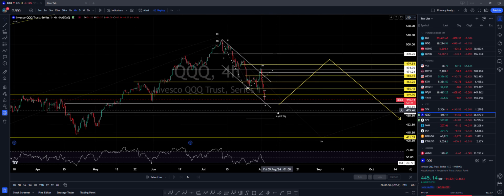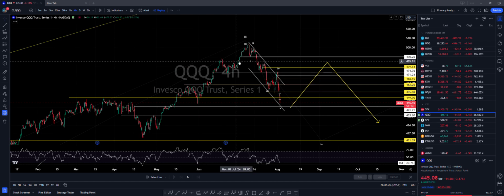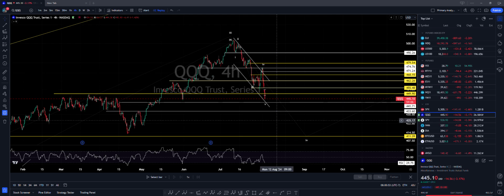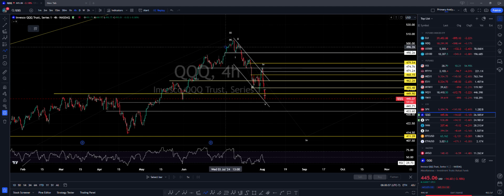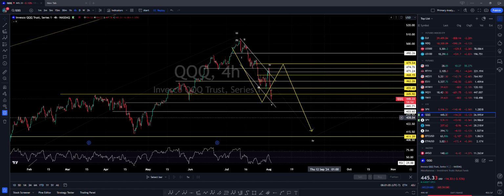So what it would mean is that, like I was explaining for SPX, if that was a WXY or a three wave count which ends at 4295, then this ends at 441, and both will bounce equally, and this will be the first A leg. Instead of three waves, it will be five waves, and then we have a bounce, and then we get another decline, right?